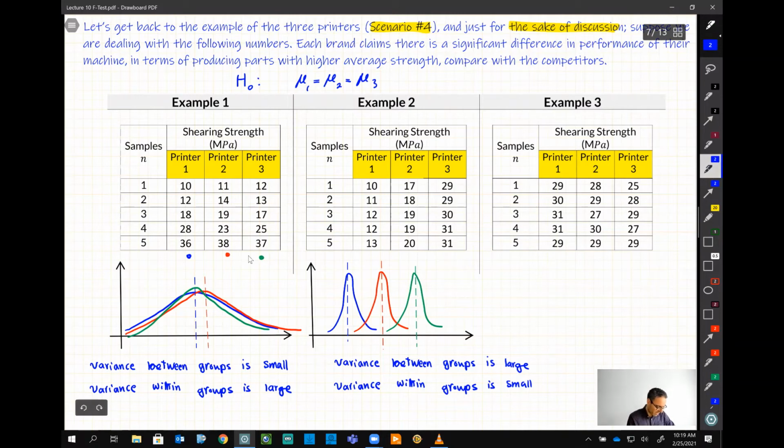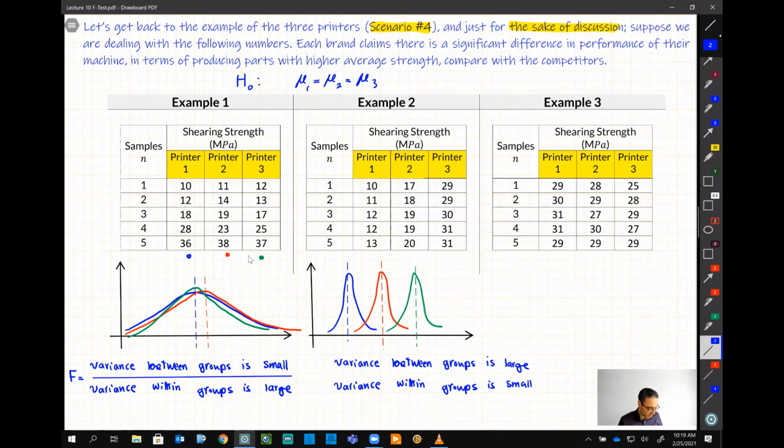So can I then say, if I calculate the ratio of a number, for now let's call it f, but this f is the variance between groups divided by the variance within groups. And I'll do the same for this guy.